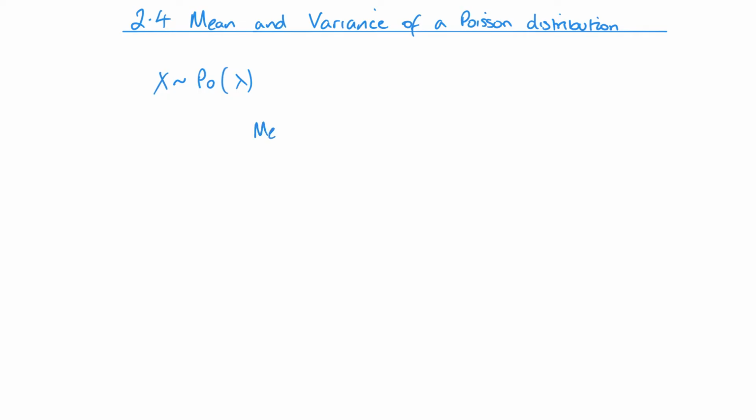So the mean of my random variable X, that's E of X or mu, will be equal to lambda. And the same can be said about the variance of X. Remember, this is Var of X, sigma squared, and that's also lambda.